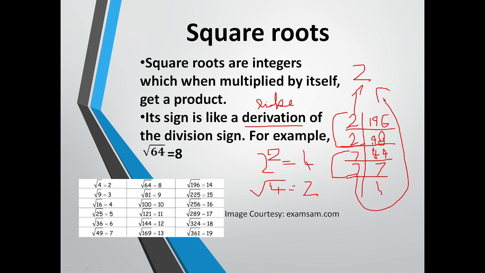Like this, so we'll do 2 into 7 equals 14, and we got the square root of 196. So it is very easy to do. So these are the square roots of all the numbers from 2 to 19.